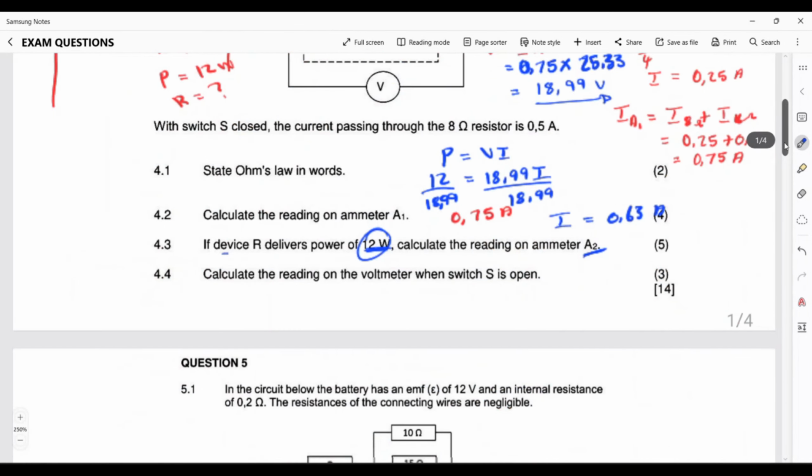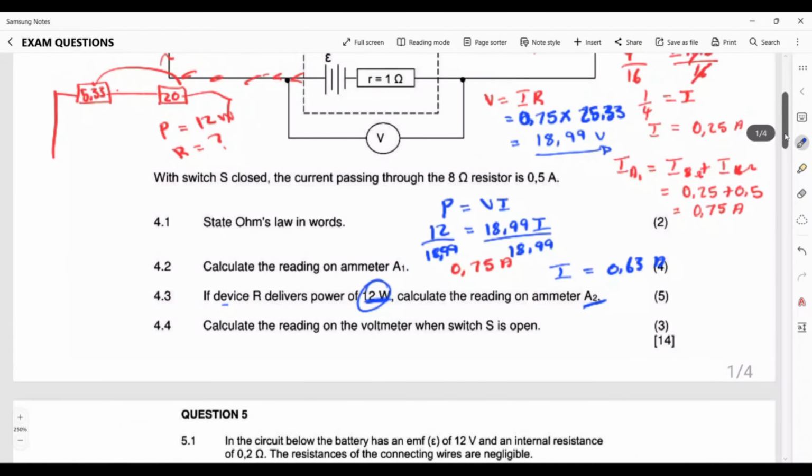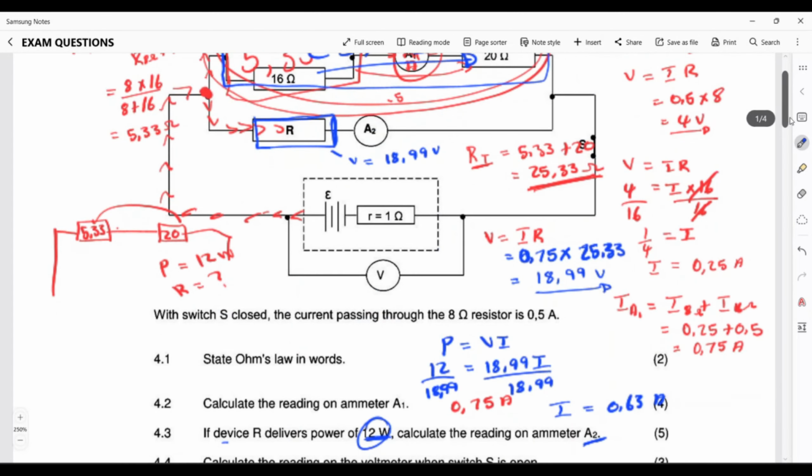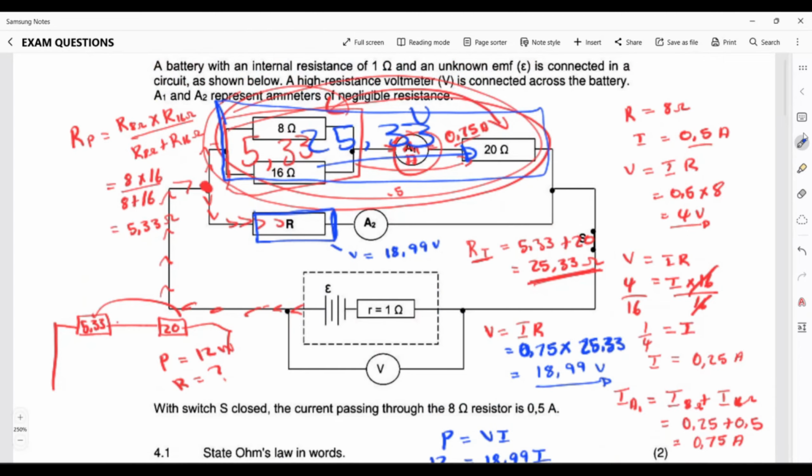Now, the following question said, calculate the reading on the voltmeter when switch S is open. Okay, let's go back and see what they mean. Let me clean my diagram.